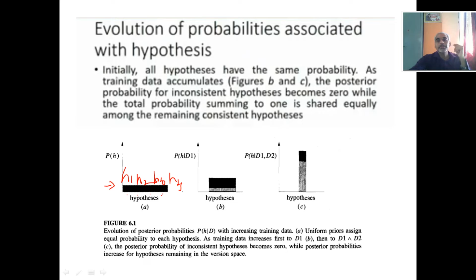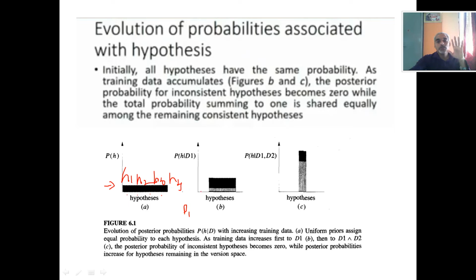After a certain period of time, let us say you have collected a training data set D1, some 1000 examples, and now you calculate the probability of the hypothesis H with respect to this data set. Some hypothesis may not be consistent with the given data set.